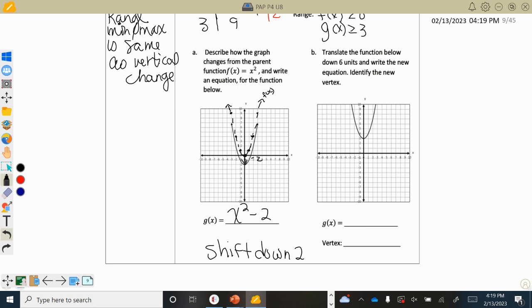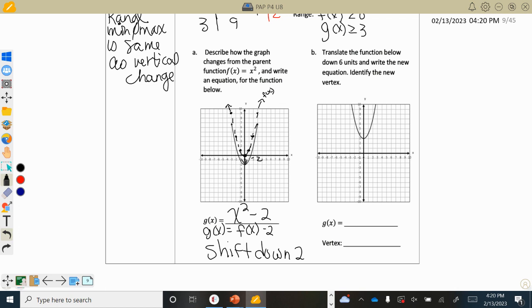If we write it in function notation format, it's going to be g of x equals f of x minus 2. So there's our new equation.